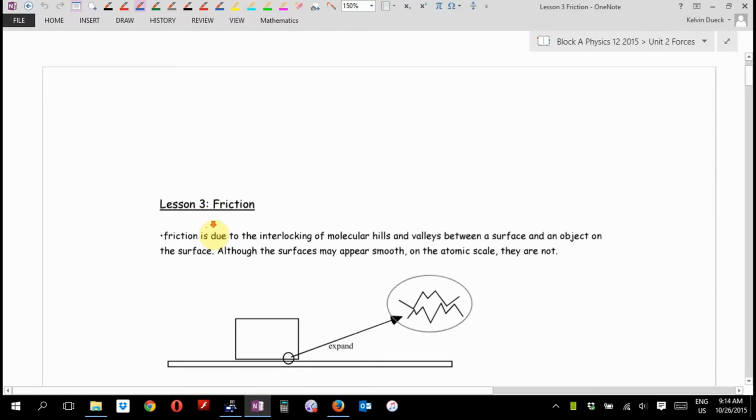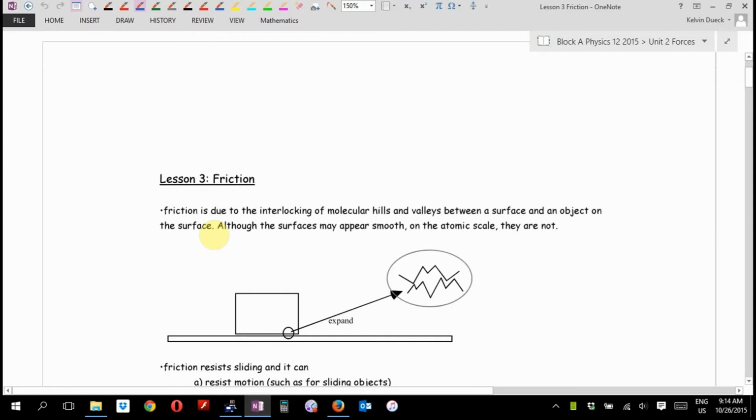Friction, it turns out, is due to the interlocking of molecular hills and valleys between a surface and an object on the surface. Even things that appear smooth, if you zoom in to the microscopic level, end up being bumpy. Your lab tables might feel quite smooth, but if you were to zoom in, you would see that they're very bumpy and the stuff on top of them is very bumpy.